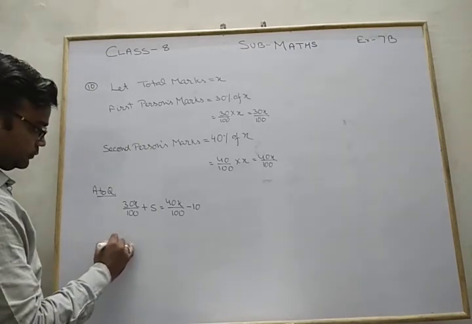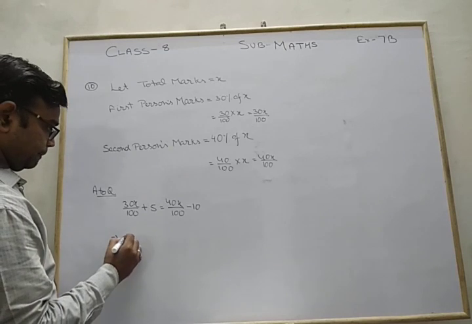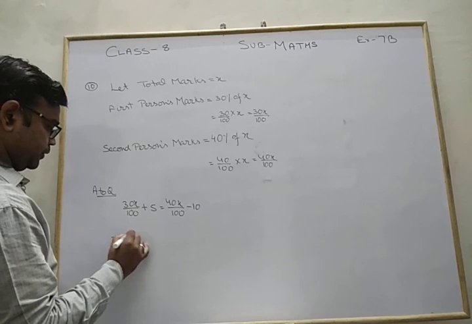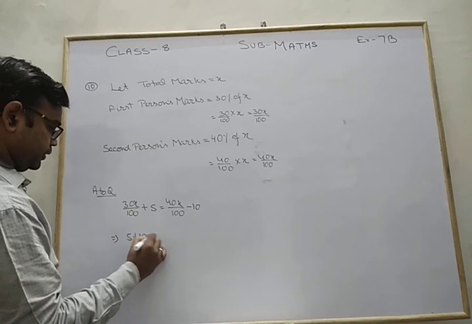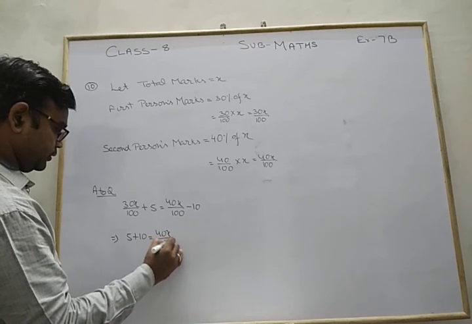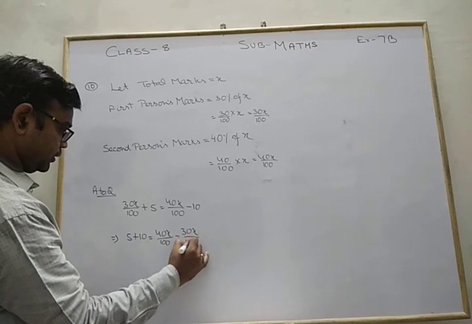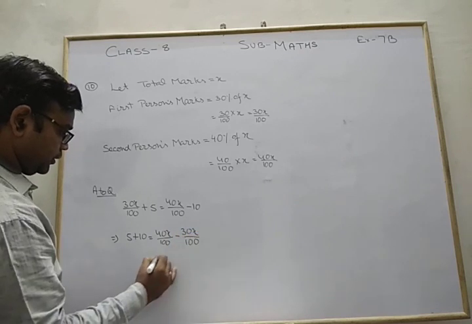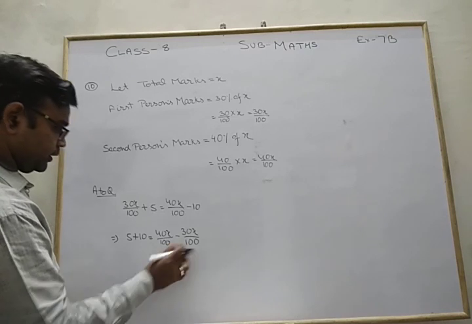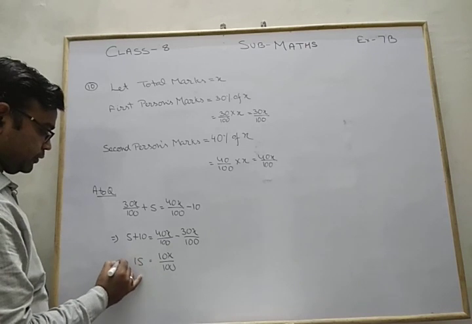Solve. Set this to this side. It's 5 plus 10 equals 40x upon 100 minus 30x upon 100, which equals 10x upon 100. When we subtract these two, we have 10x upon 100 and we have 15.